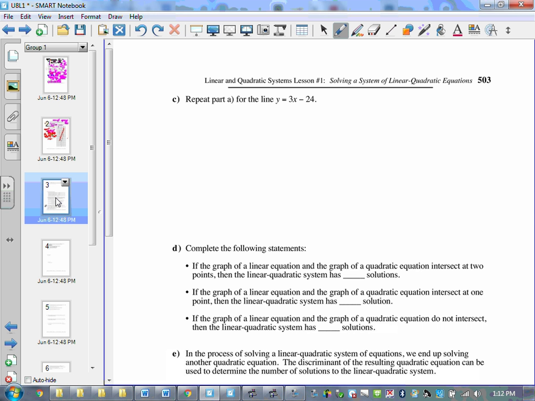So we're going to do our method of substitution. Just recall, because it's on the previous page, our other equation is y equals x squared minus x minus 12.